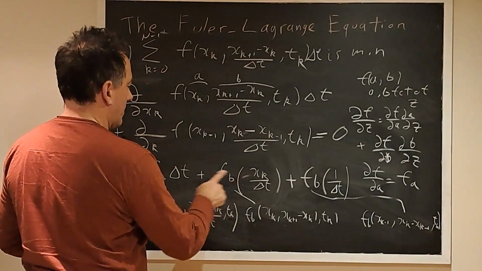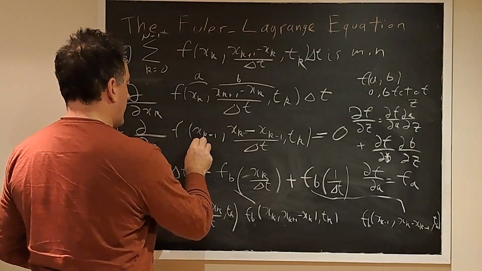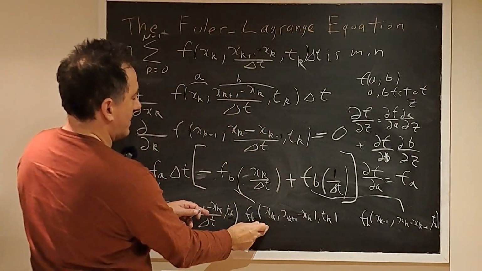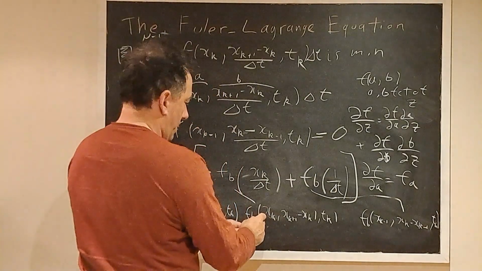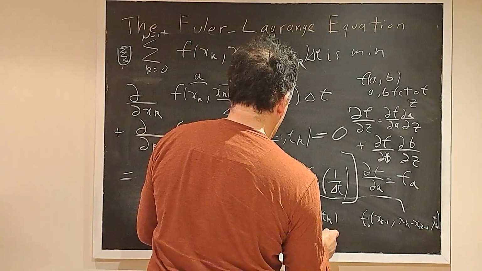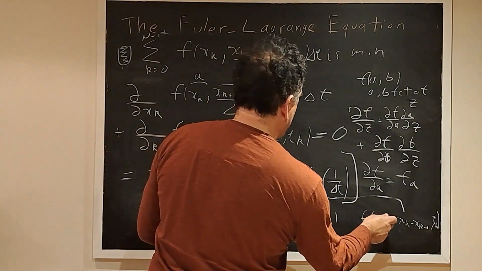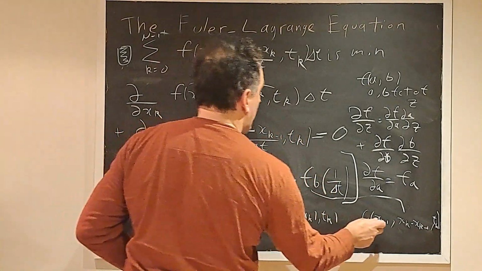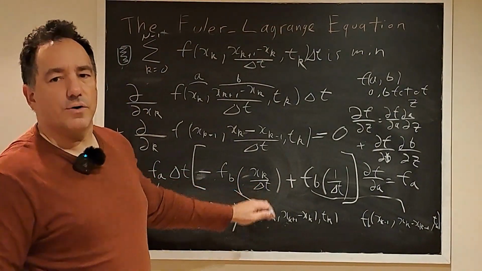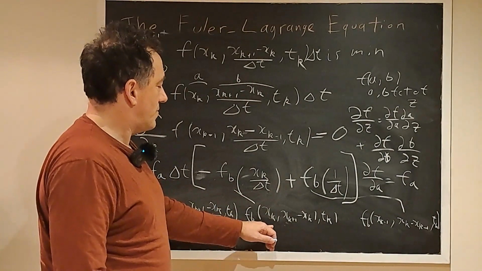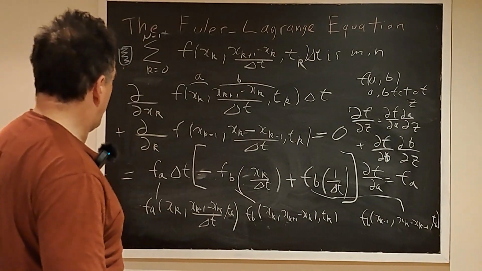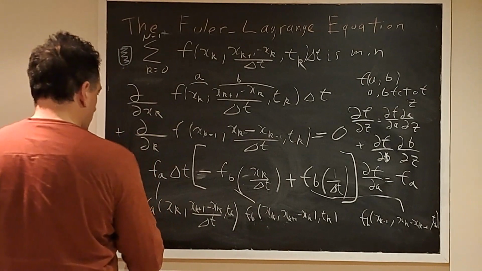If we look carefully, we will see that they are basically the difference in fb between the point at xk and the point at xk minus 1, so at times tk and tk minus 1. And we divide by delta t, which in fact gives us the definition of a derivative.